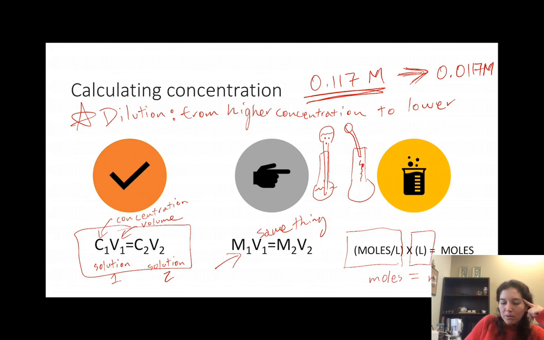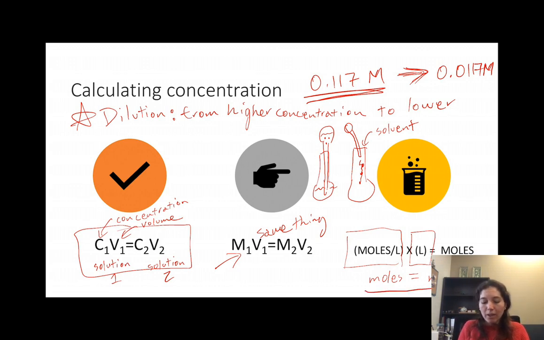Well, those 3 moles get put in this solution, and then you just add more solvent to it. So at the end of the day, the moles that you pull out of the first solution and the moles that you put into the second solution are going to be the same, which is why we can set these two things equal to each other.